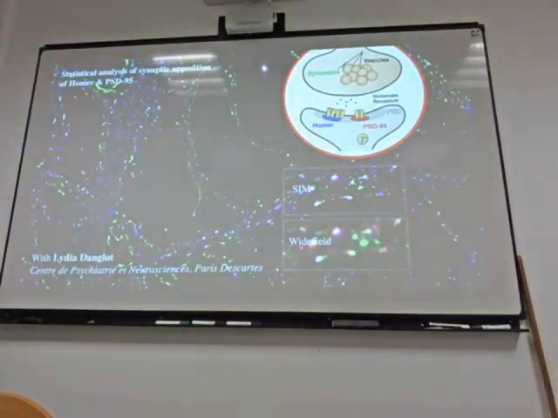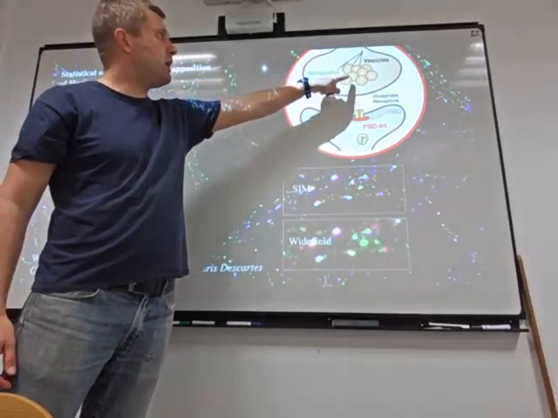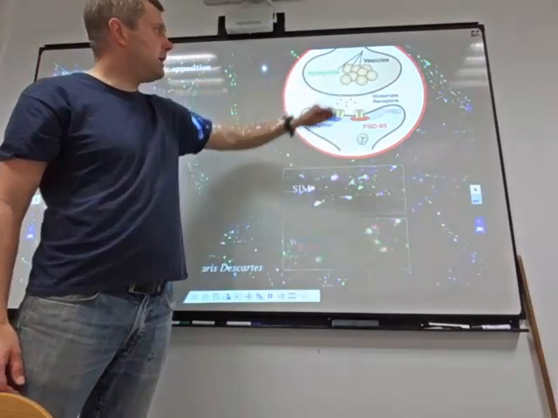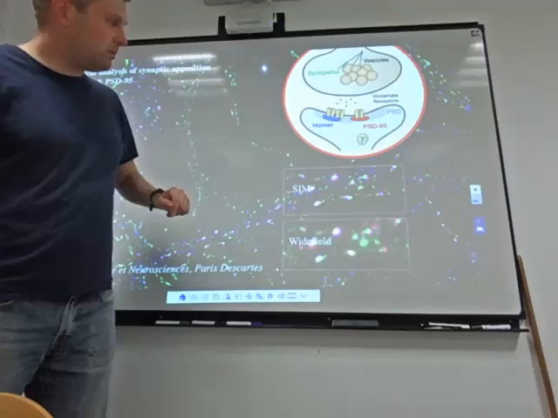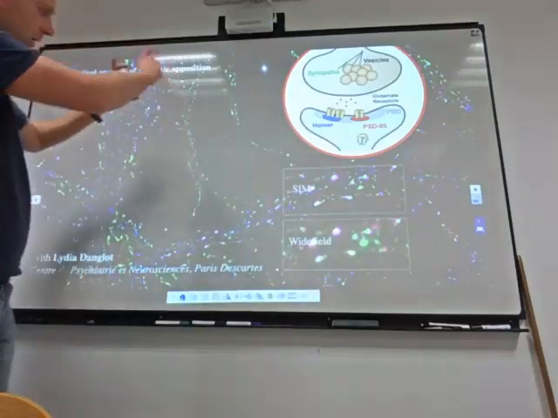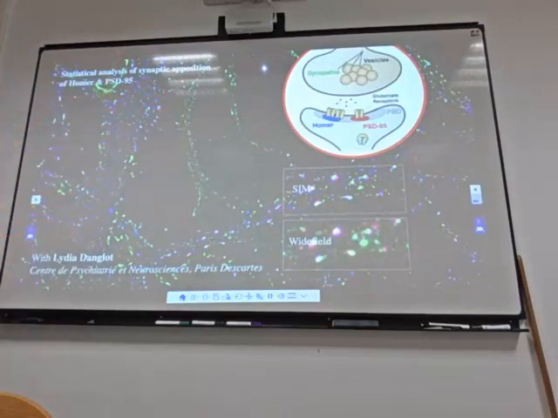So we performed some spatial analysis on 3-color images of synaptic molecules with Lydia Danglot, who is working at the Institute of Psychiatry and Neuroscience in Paris. So here she did a 3-color imaging with synapsin, a pre-synaptic molecule, in green, PSD95, a post-synaptic molecule, in red, and Homer in blue. And we could segment and identify all the spots in an entire neuron.